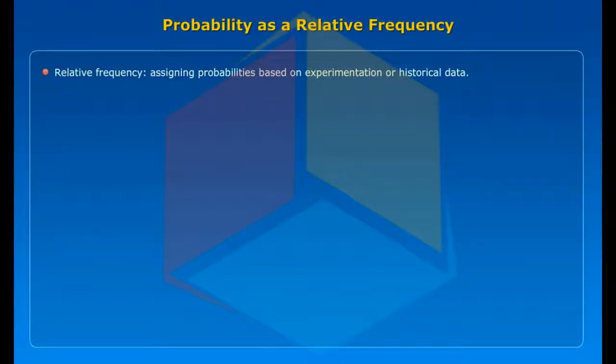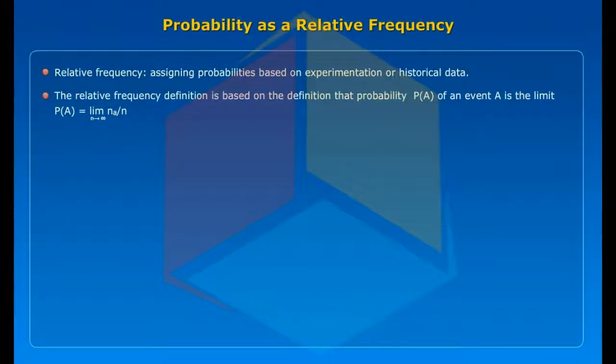Probability as a relative frequency. Relative frequency means assigning probabilities based on experimentation or historical data. The relative frequency definition is based on the definition that probability P of A of an event A is the limit, P of A equal to the limit as n tends to infinity of N_A by n, where N_A is the number of occurrences of A and n is the number of trials.